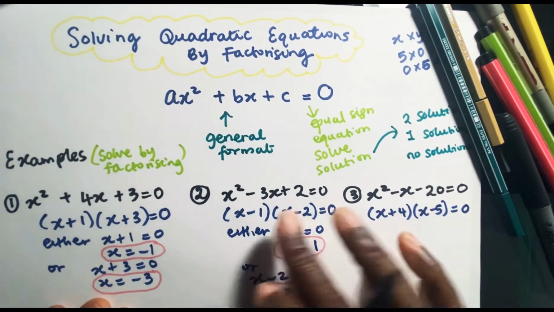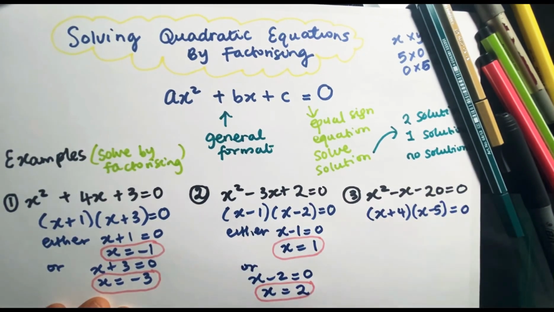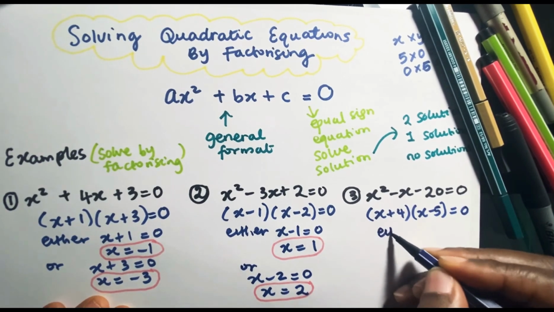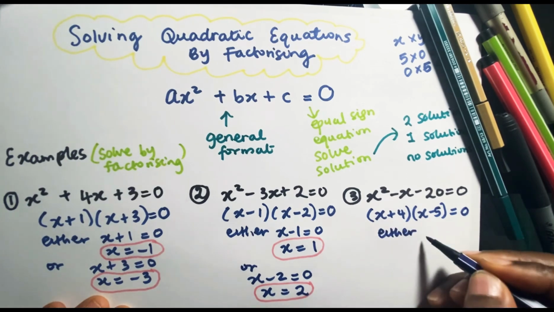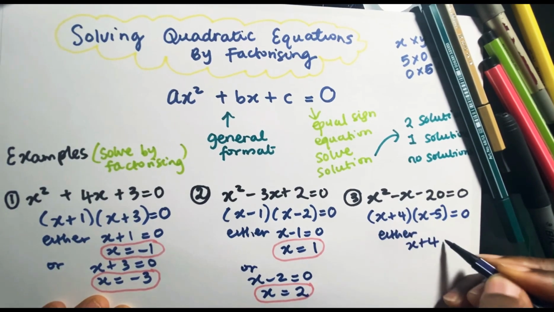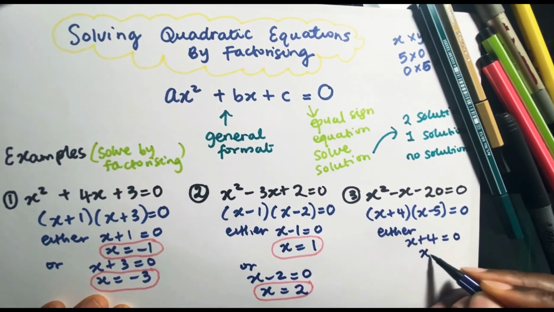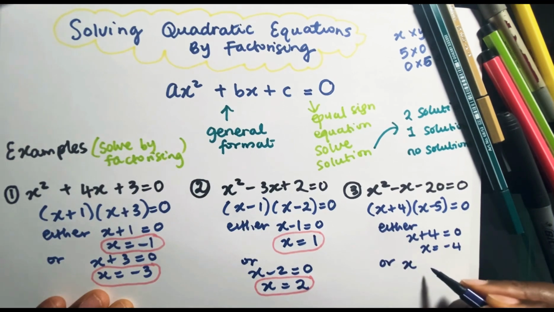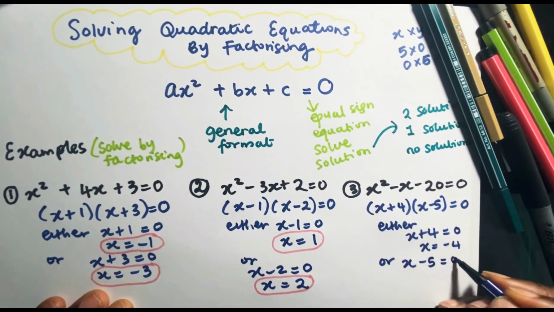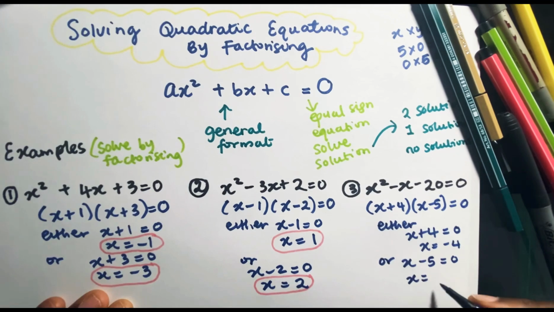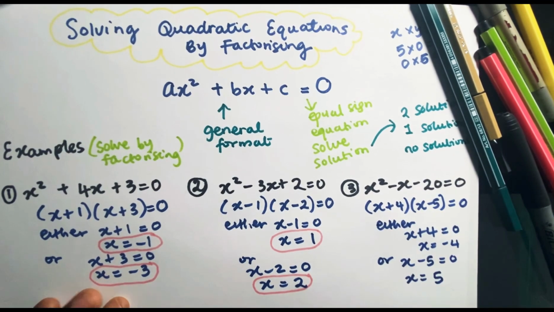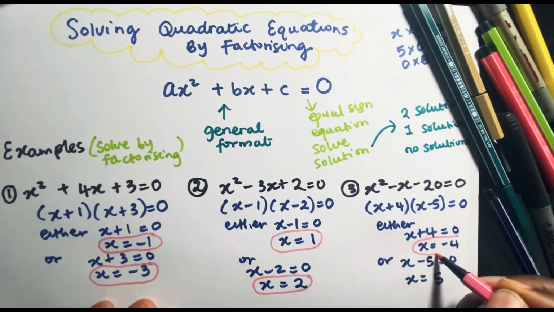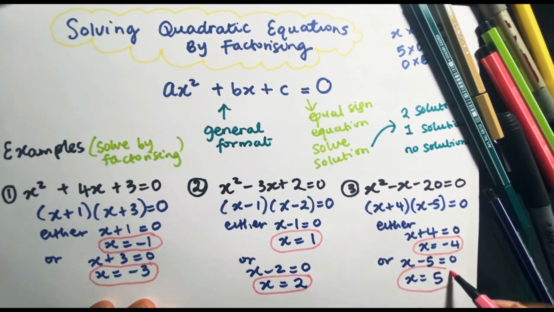Using the idea that either of them would be equal to 0 to make 0 at the end, we can say either x plus 4 is equal to 0, which means x is equal to -4, or x minus 5 is equal to 0, which means x is equal to +5. So those are the two solutions for this one as well: x is equal to -4 and x is equal to 5.